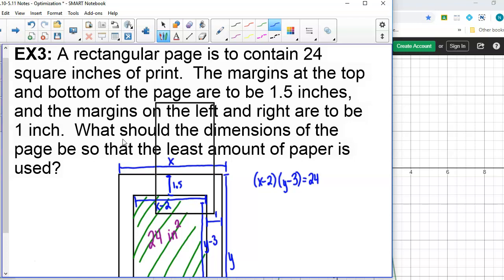Okay, so we've got a formula set up here for that inside area. Oh, no. Hold on a second.